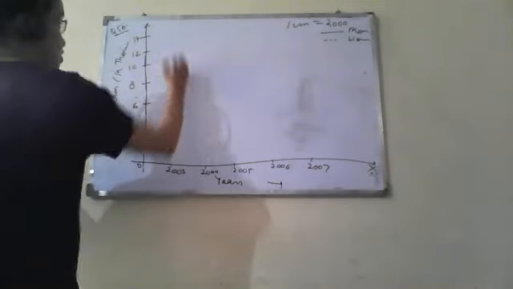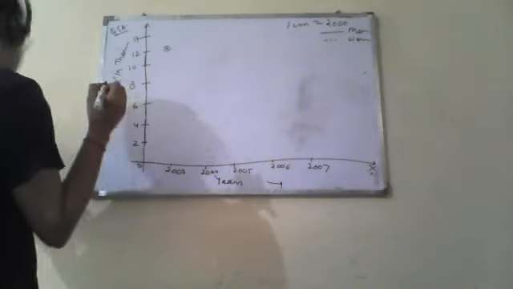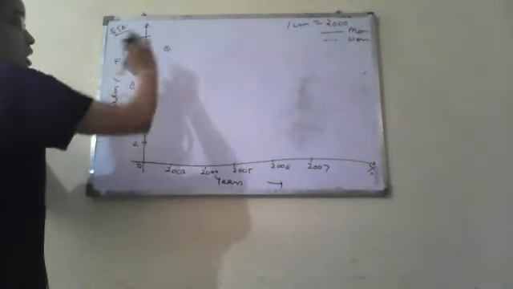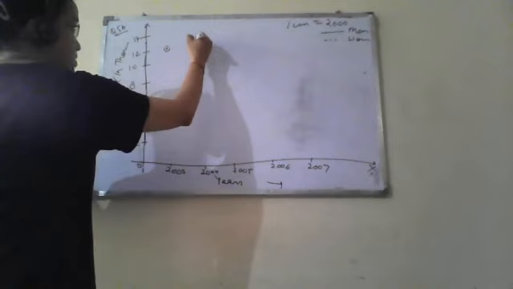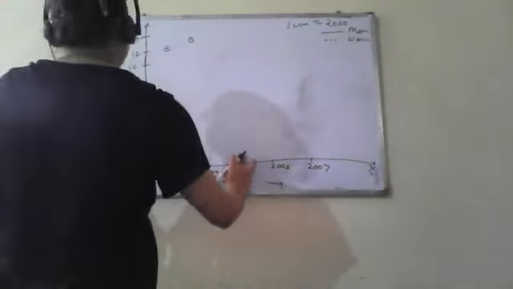So in 2003 the population of men was 12,000. Okay, in 2004 it was 12.5. Now this is 10 divisions, and this will be 13 and somewhat in between this. So it will be slightly higher than this. Okay, and in 2005 it was 13.